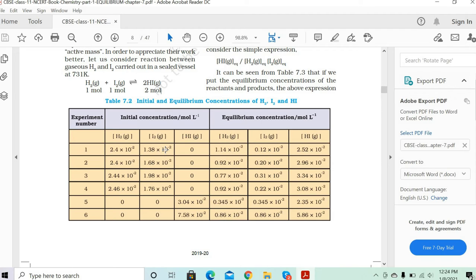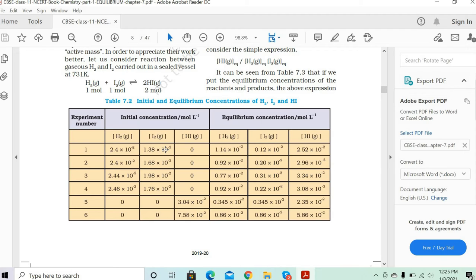Now, when equilibrium was reached, what was the concentration of H2, of I2, and of HI? Is the first row clear? Yes, sir. So we are varying the initial concentration, and at equilibrium we note down the concentration of reactants as well as product.